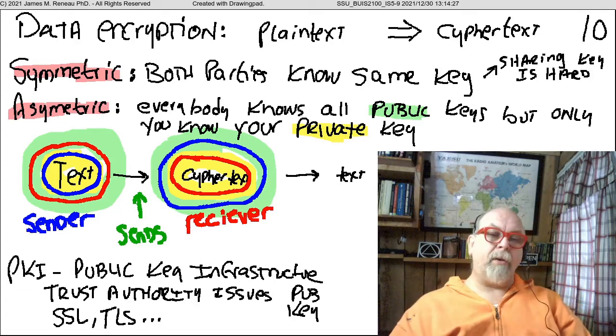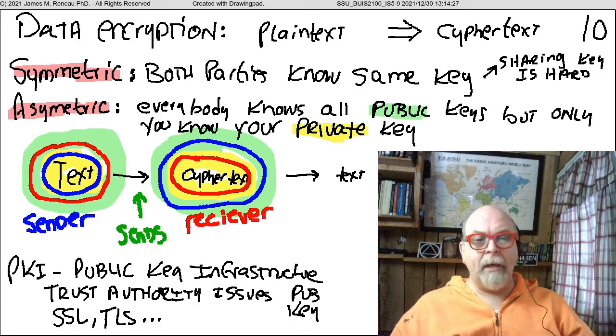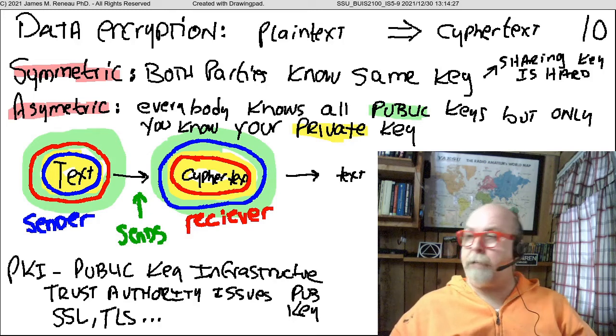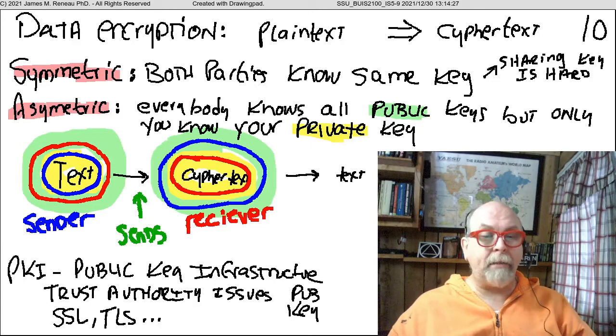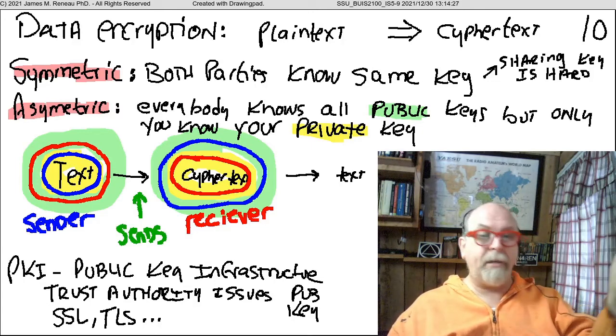The other general technique used is known as asymmetric encryption. In asymmetric encryption, each person has two unique keys. I've got my two keys, you have your two keys, and that other person has their two keys.